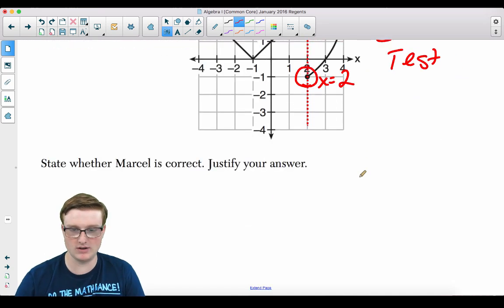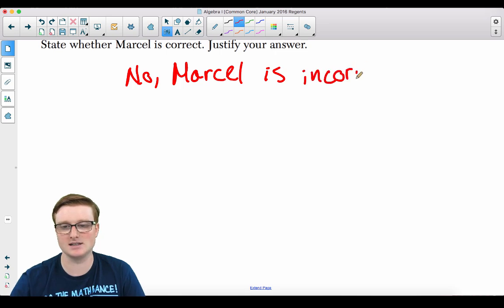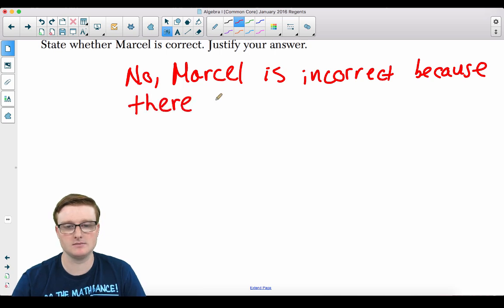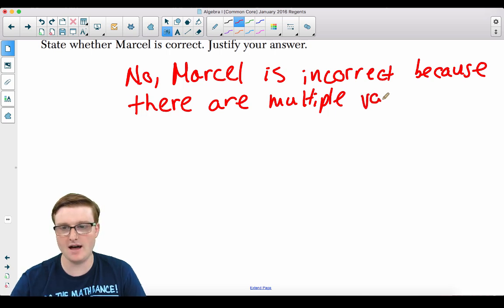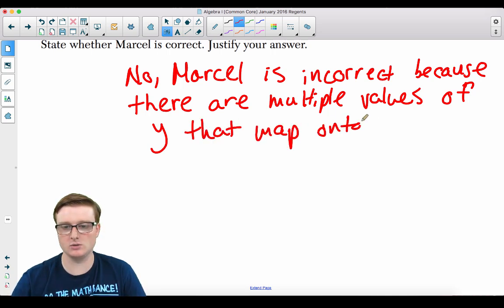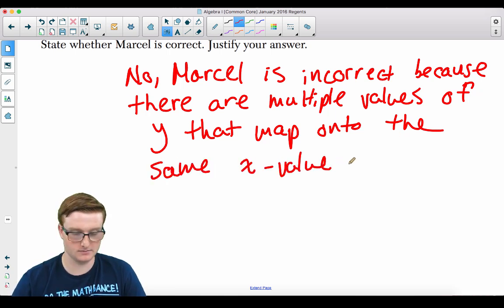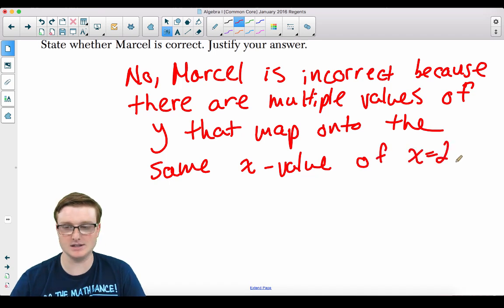So state whether Marshall is correct, justify your answer. We're going to say that no, Marshall is incorrect because there are multiple values of y that map onto the same x value of x is equal to positive 2.